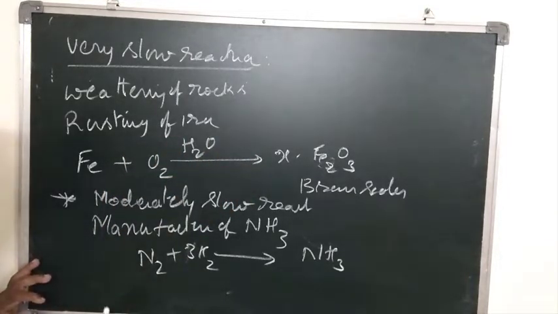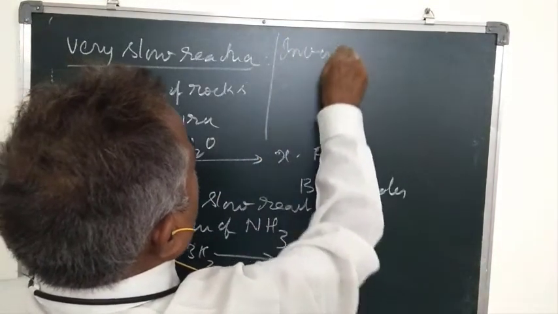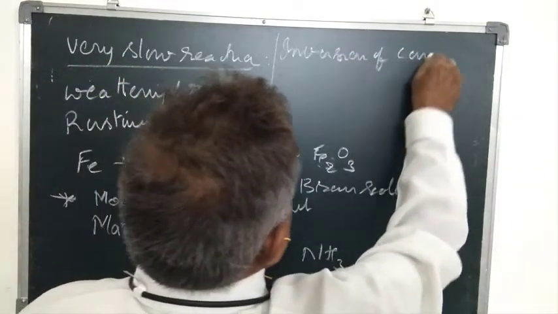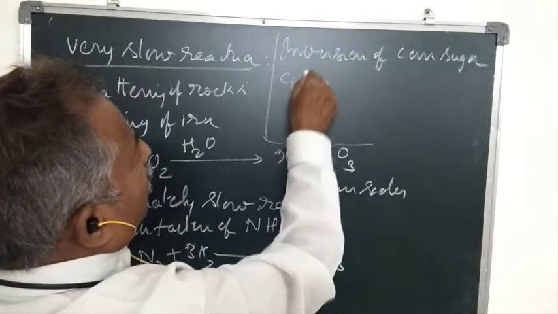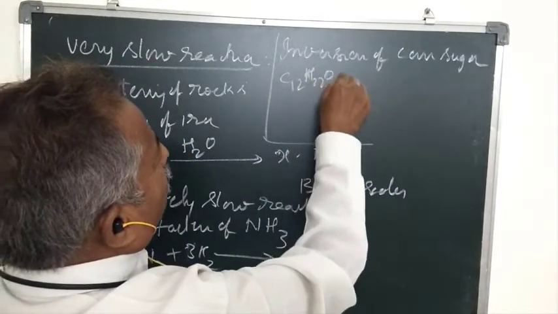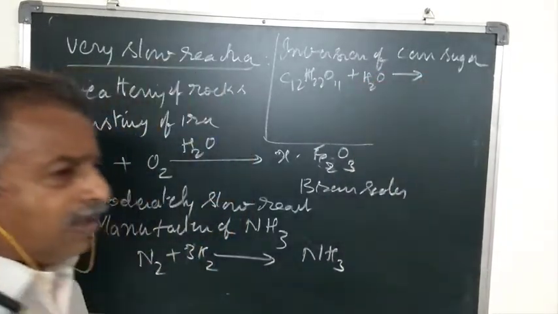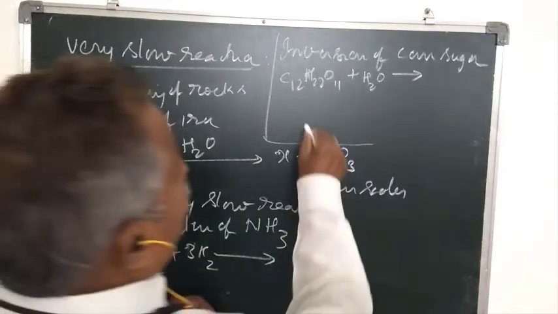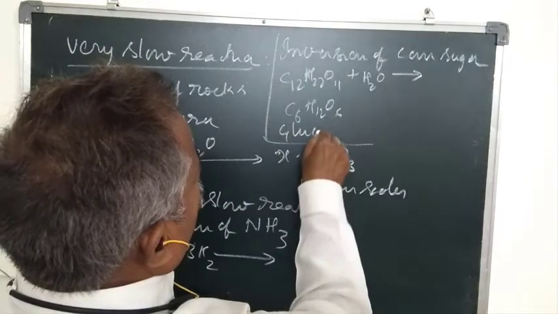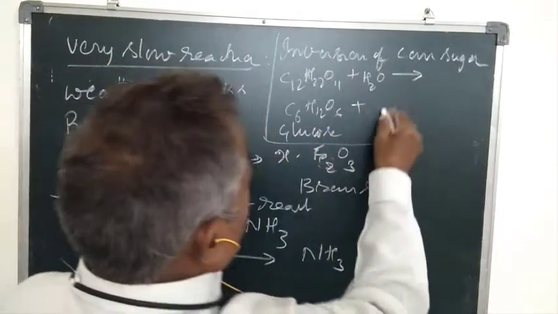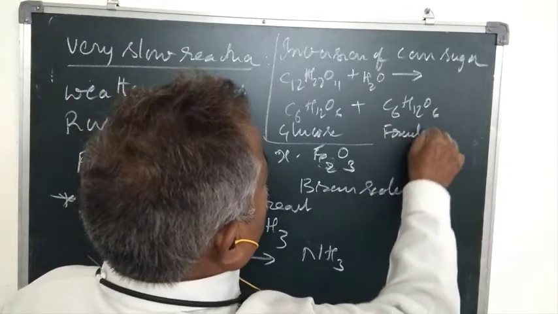Another reaction is inversion of cane sugar. What is the formula of cane sugar? C12H22O11. When it combines with water, hydrolysis takes place and we get C6H12O6, which we call glucose, and another molecule C6H12O6, which is fructose.